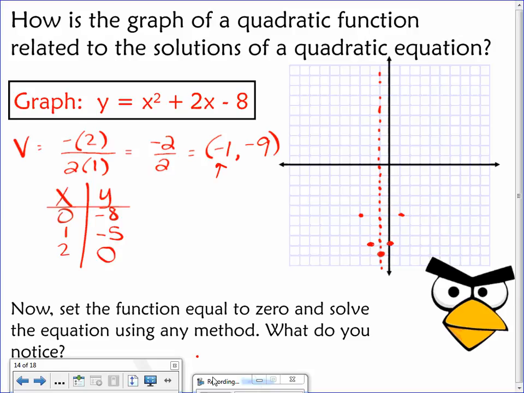So choose 0. And then we reflect that. Be careful when you're reflecting. Sometimes you confuse yourself because the y-axis is right there. But it's 1, 2, 3 spots away from that vertex line. 1, 2, 3 spots on the other side. So am I good on enough points now? Yeah, I cross it nicely. So I'll go ahead and draw in my parabola.